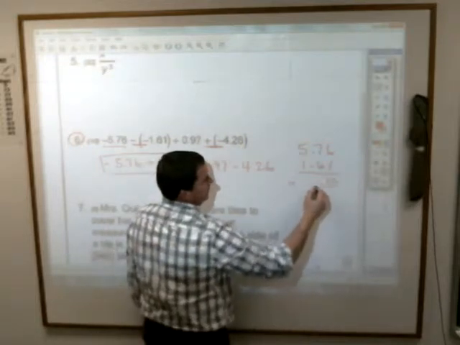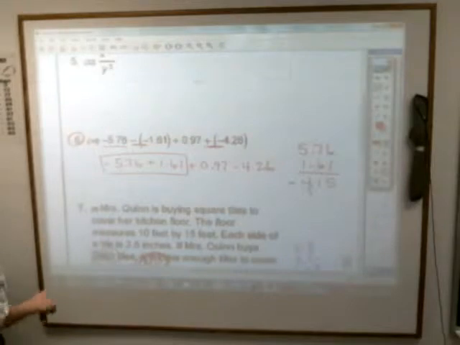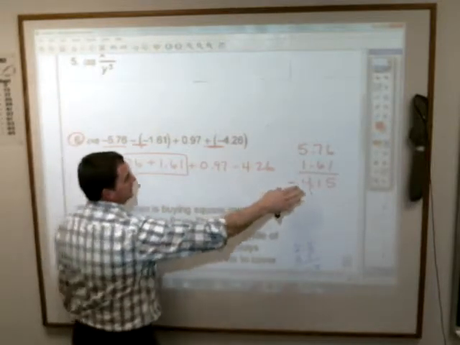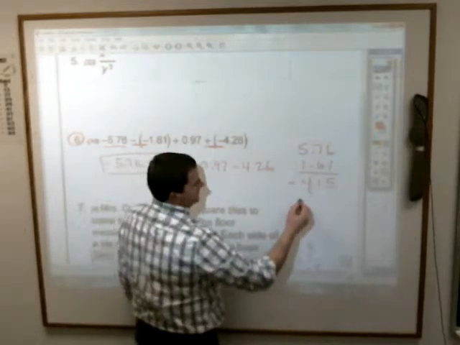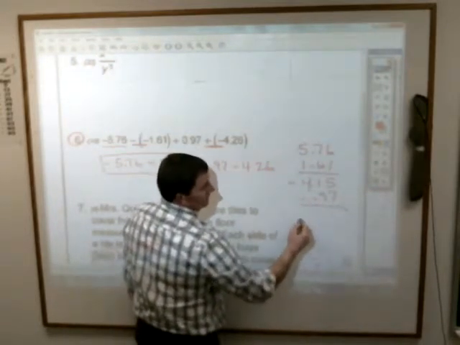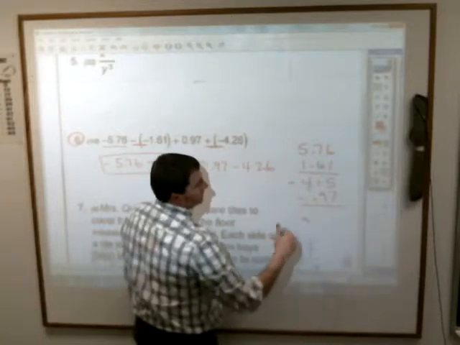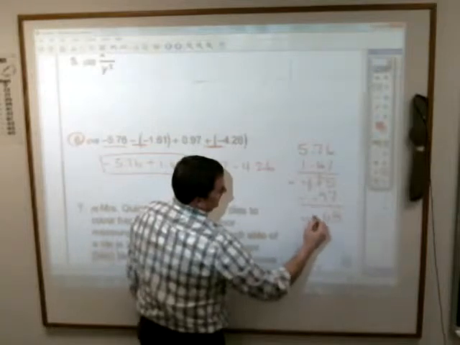You get negative 4.15. Same thing here. You have a -4 and a +1. You're going to have to subtract because they're opposite signs. So you go 0.97, and your answer's gonna be negative again, because this was negative. 3.68.